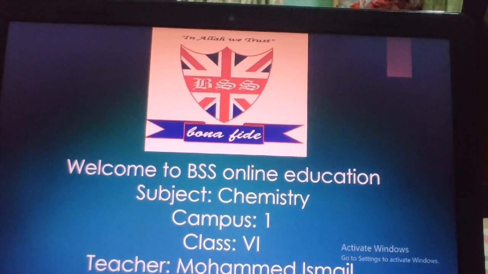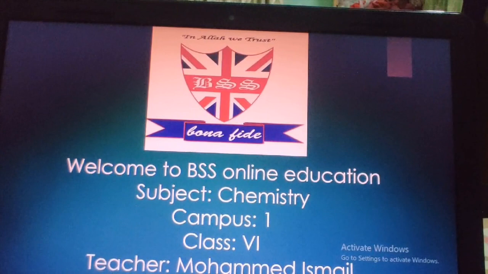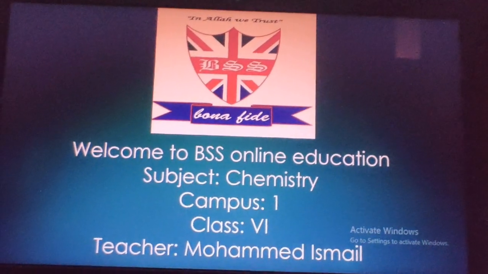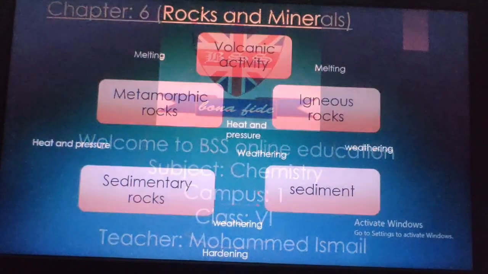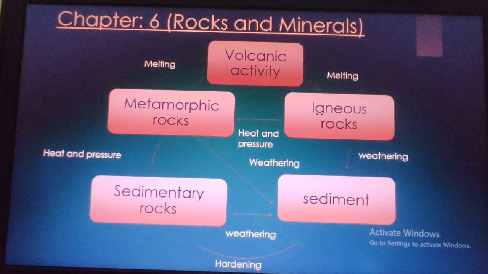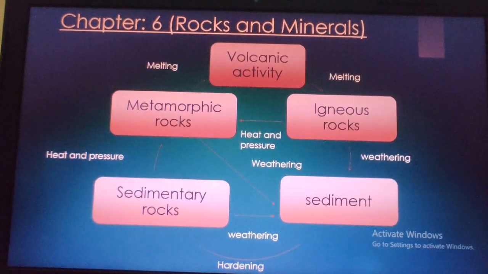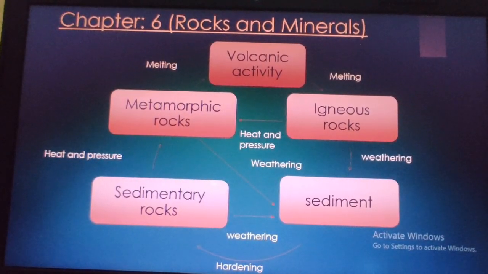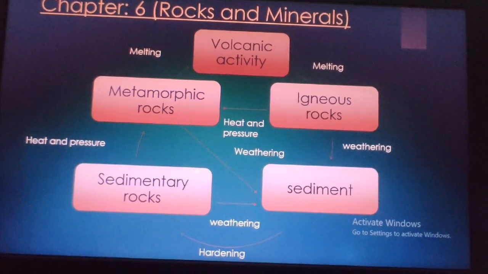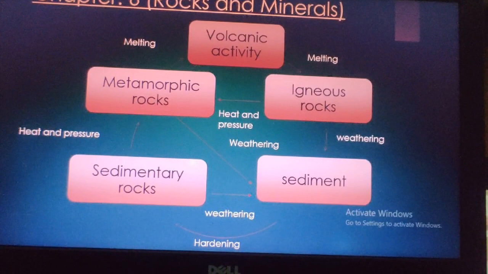So, today we are gonna discuss chapter 6. Chapter 6 is based on rocks and minerals. We see rocks in different forms in our day-to-day lives.